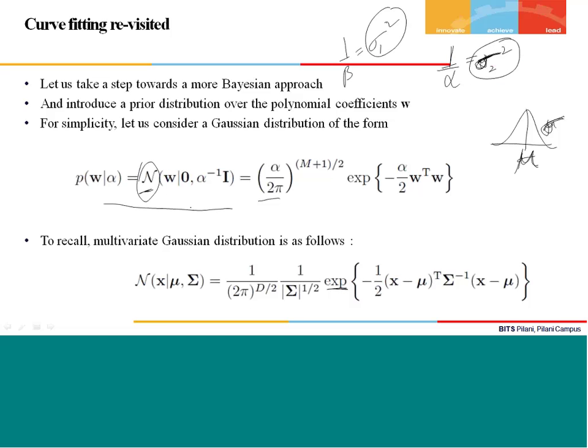Because w is a vector, this is a multivariate Gaussian. For example, if w were of 2 dimensions, then this Gaussian would be a mountain, and the peak is at the origin, let's say. The curves that I'm showing here are a cross section of this.